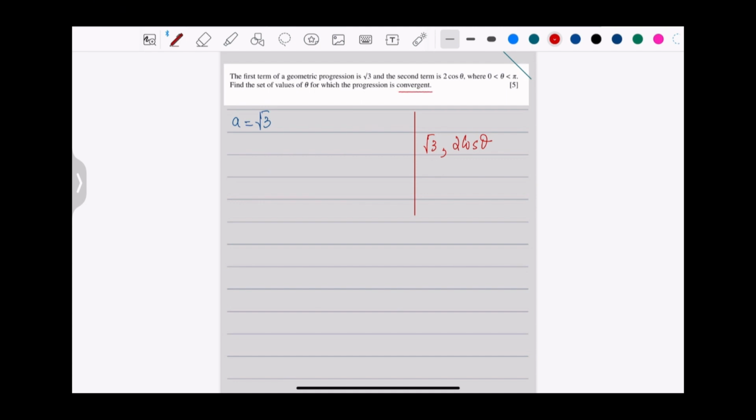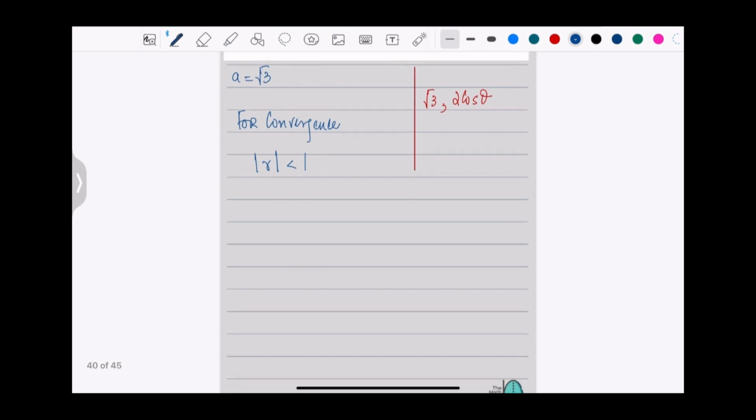This is what tells you the direction, the approach, where you are going to head now. So for convergence, we know that the modulus of r has to be less than 1. So in short, the ratio has to be less than 1. If I take this out, the ratio here is going to be 2 cos theta over root 3.